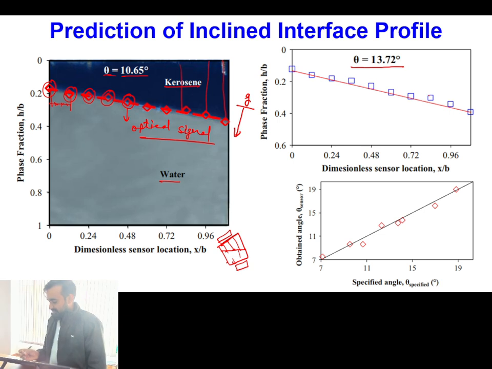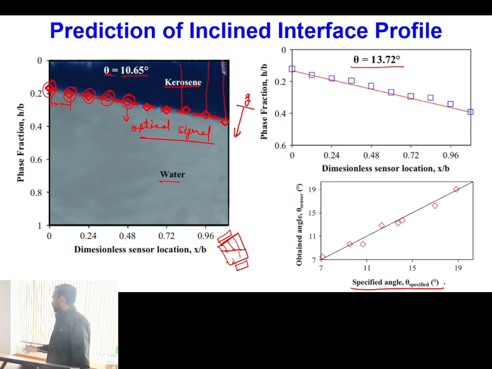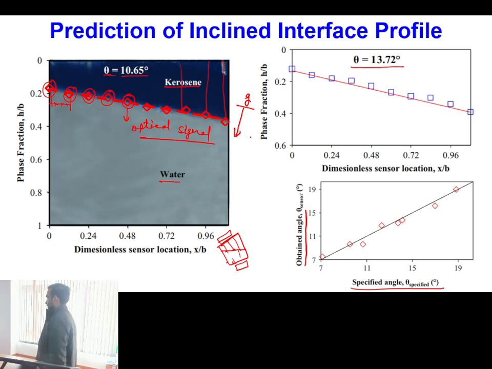Here also you can see the graph which shows the angle which is measured from the camera, or which we specified while changing the platform, and the angle which we obtained from the data linearly fitted using the optical signals.